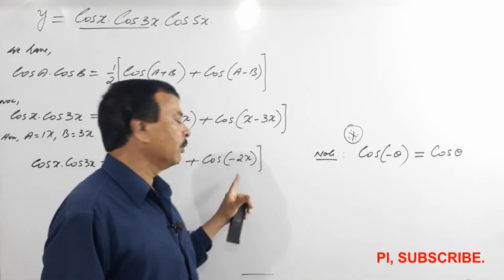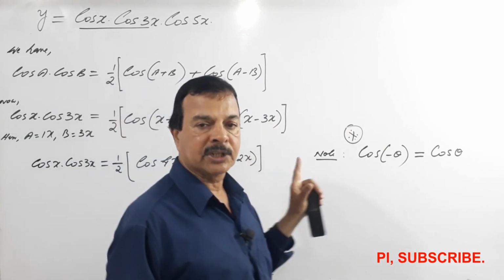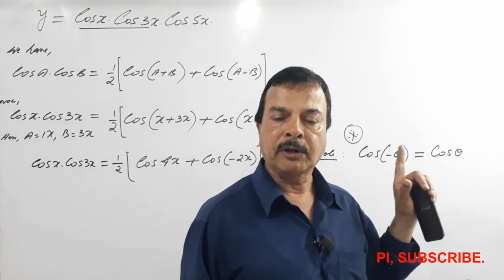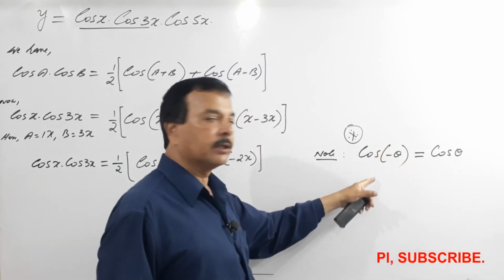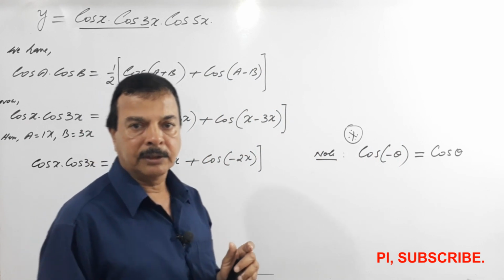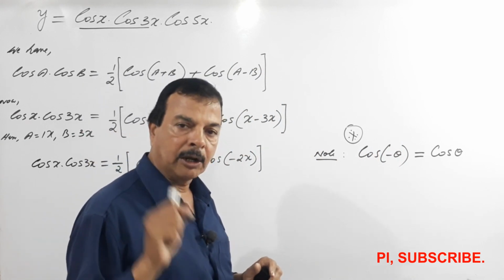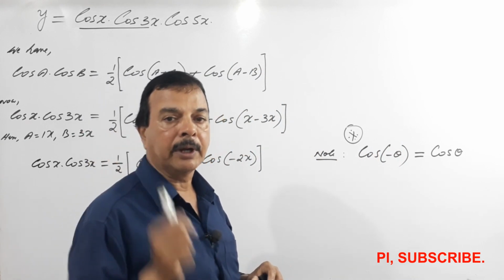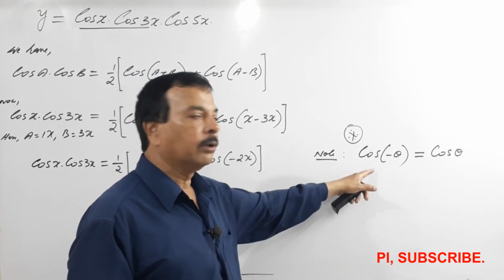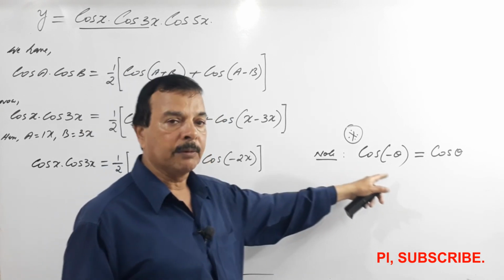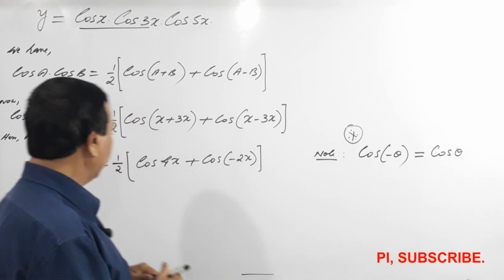If the examiner is a little bit strict, or very particular about this, he may deduct half marks. So if you are aiming at 100 out of 100, don't commit this error. You have to mention this and then do what you have to do next.